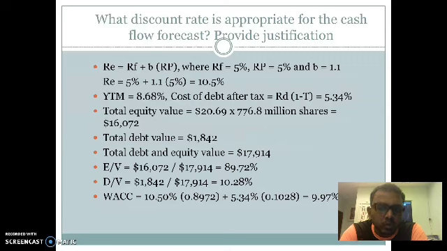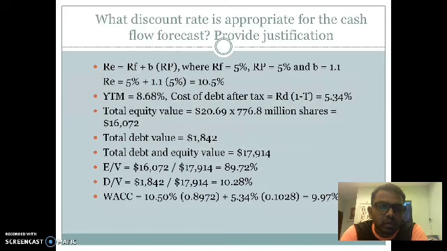The formula we use for cost of equity is the CAPM model, and by using that, we get a cost of equity of 10.5%.